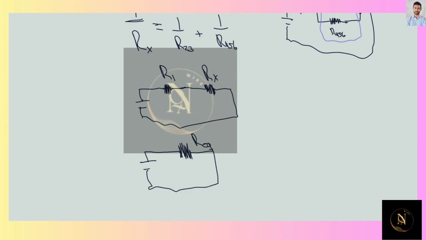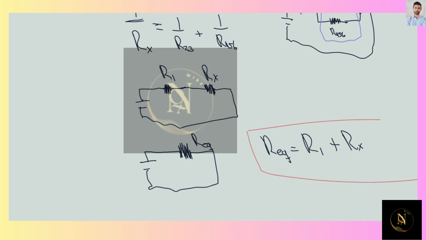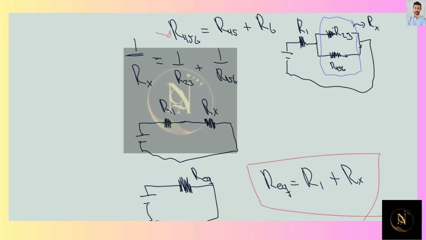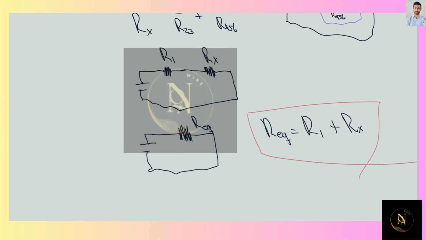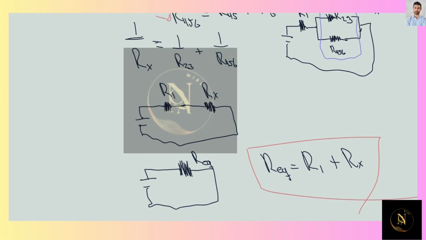Let's call it R equivalent, and R equivalent would be equal to R1 plus Rx. So with that, it would be all. This is how we reduce the circuit to its minimum expression, and that would be the equivalent resistance for the full circuit. So you just need to replace the values in order to get your calculations. And for example, with that, you can calculate the value for the current if a difference of potential is provided.